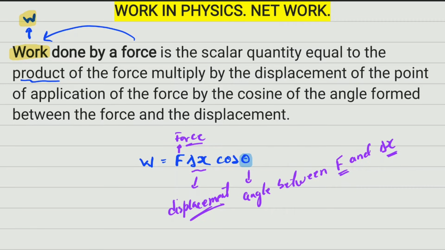Something important which is being mentioned here: work done by a force is a scalar quantity. So what does it mean? It means that it does not have direction, only magnitude. No direction is required when you calculate the work done by any force.